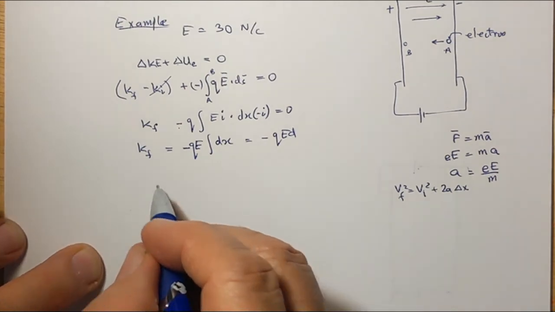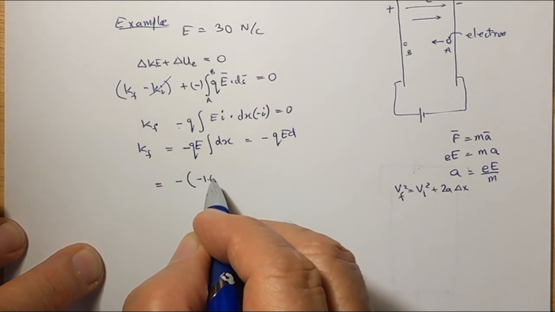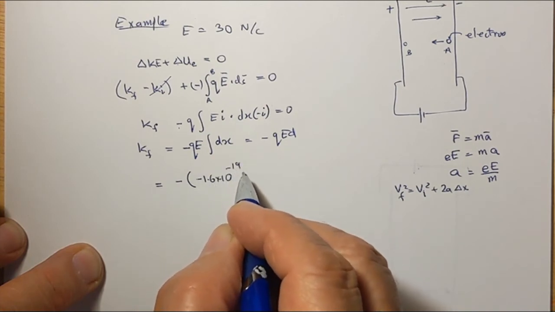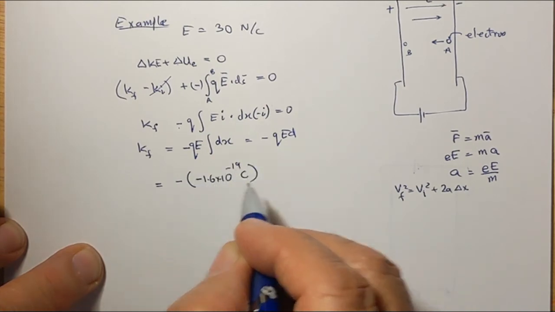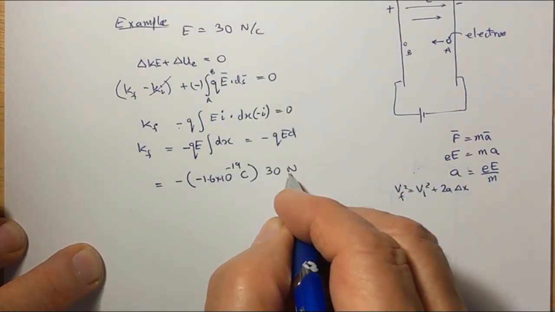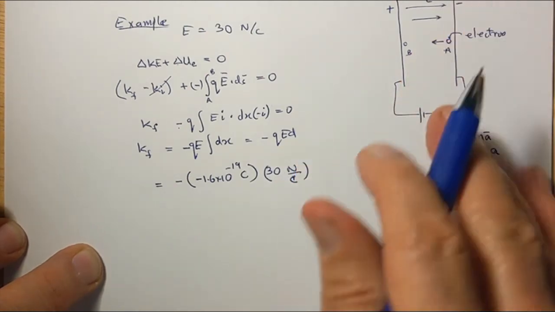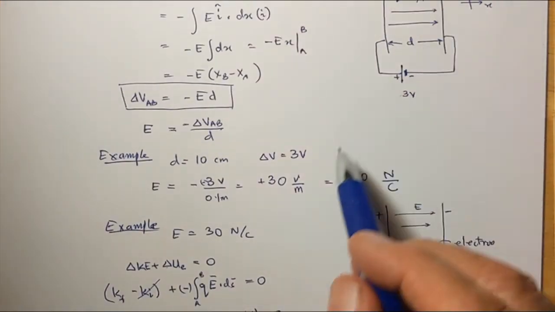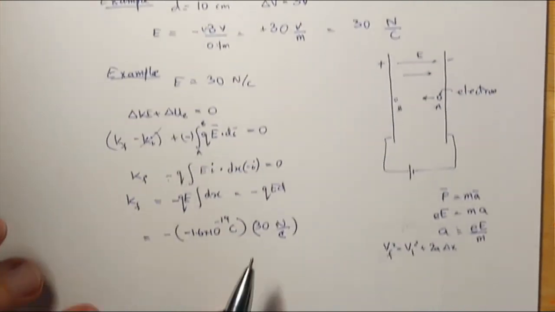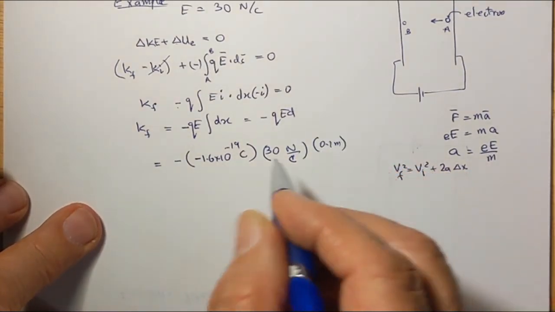Now let's plug in the numbers. Q is minus 1.6 times 10 to the power minus 19 coulombs, that's the charge of the electron. The electric field we take as 30 newtons per coulomb, and the distance is 10 centimeters as before, 0.1 meter.